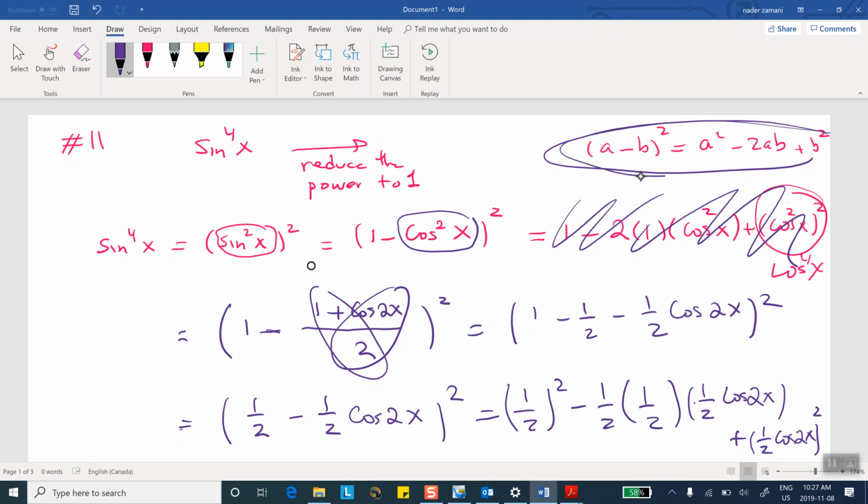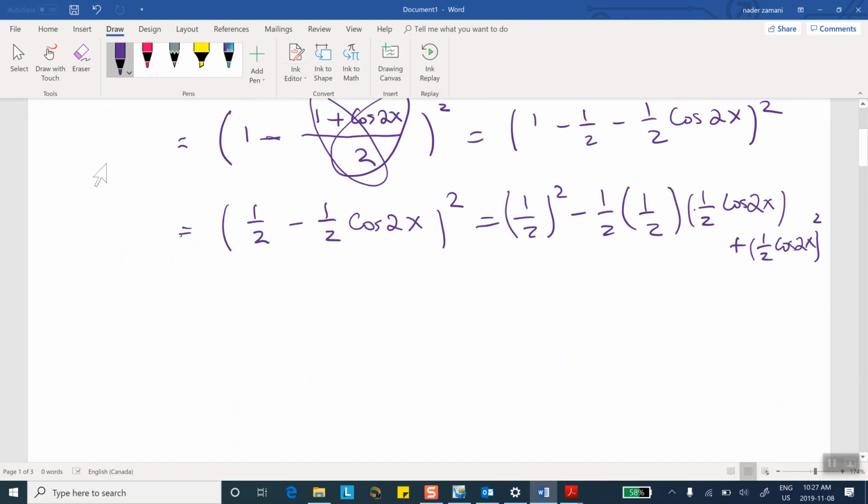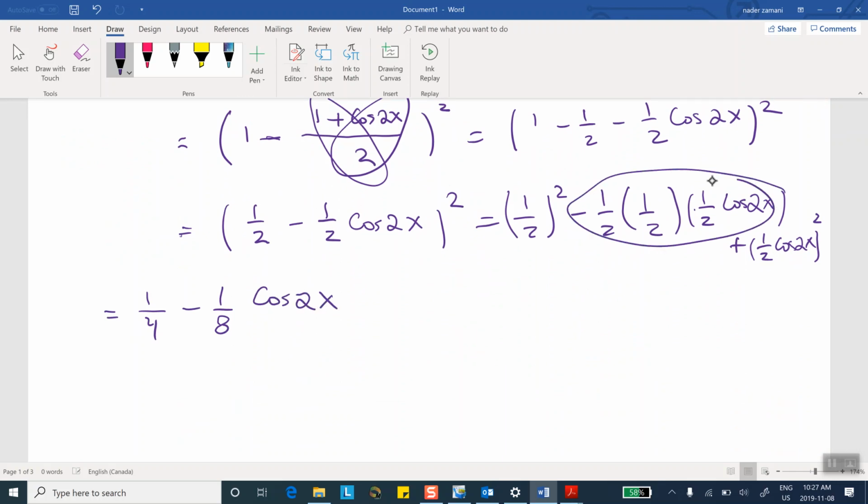Do a bit of cleanup here. So this is equal to 1 over 4 minus 1 over 8 cosine of 2x, that's these three, and then plus 1 over 4 cosine squared of 2x.